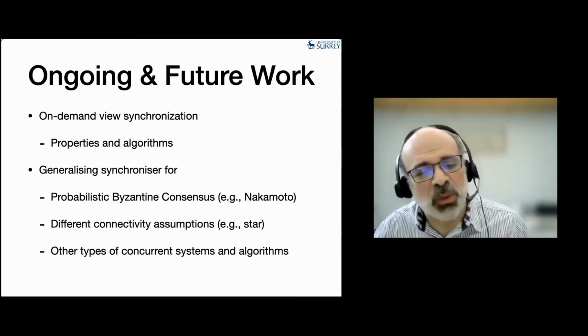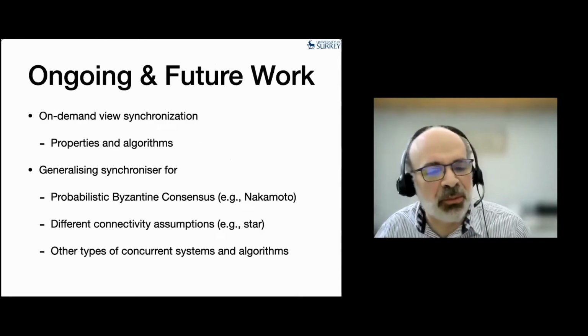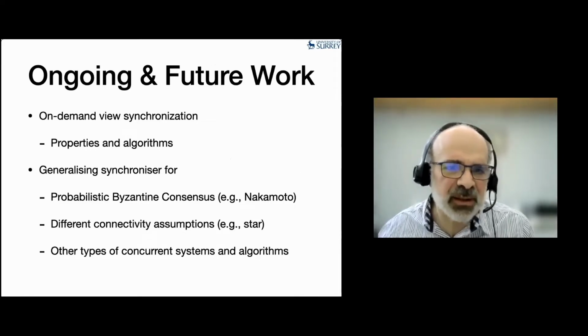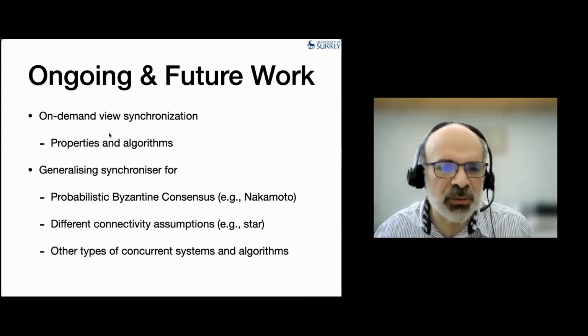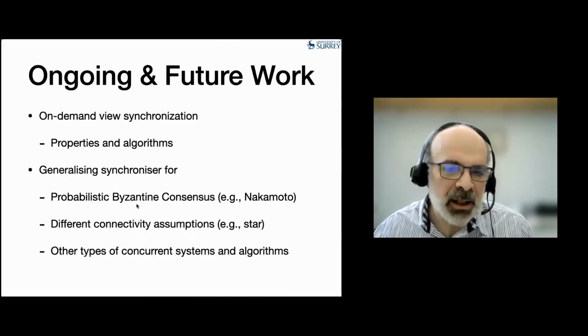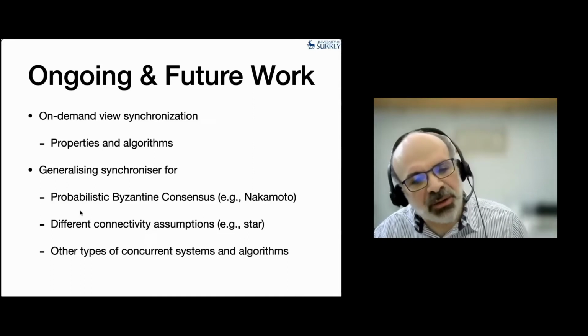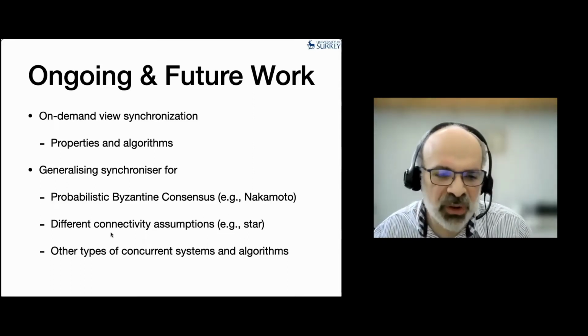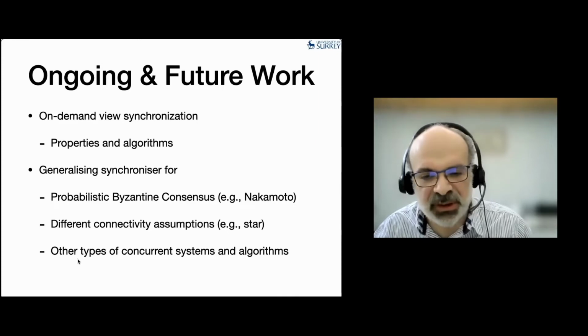We continue working on further exploring these directions, and we're currently looking at on-demand view synchronization, which is useful for protocols that apply consensus repeatedly. We're also looking into generalizing the synchronizer for probabilistic Byzantine consensus, such as Nakamoto, or for different connectivity assumptions about the network, and also other types of concurrent systems and algorithms.